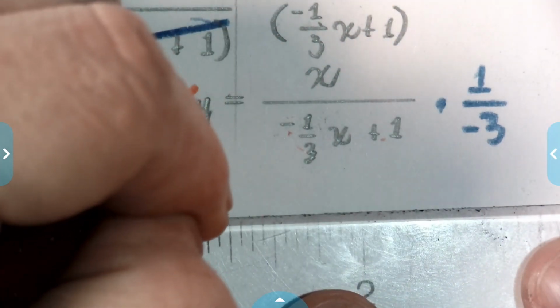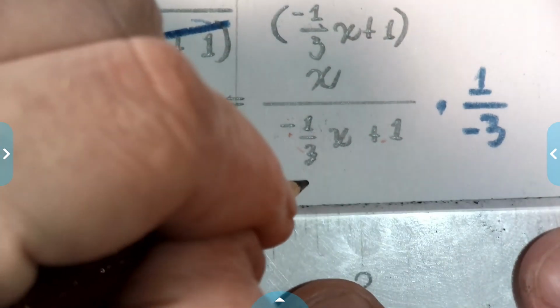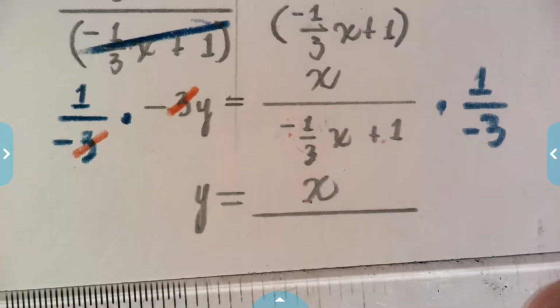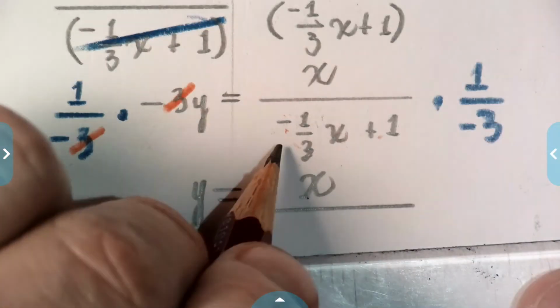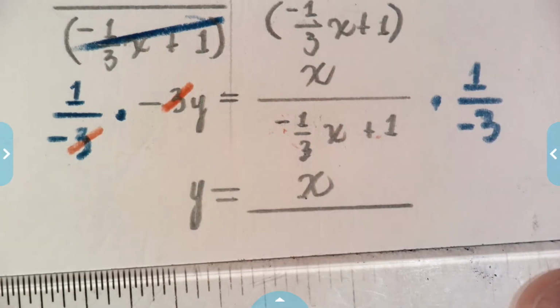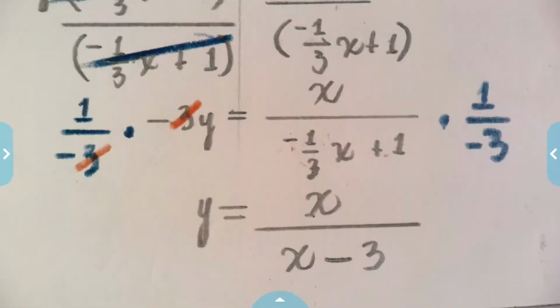So now y equals x over, and now we're going to multiply that negative 3 through the denominator. And the negative will cancel the negative, and the 3 will cross cancel with the 3, which will just give me x, and then negative 3 times positive 1 is minus 3. So not very ugly, really.